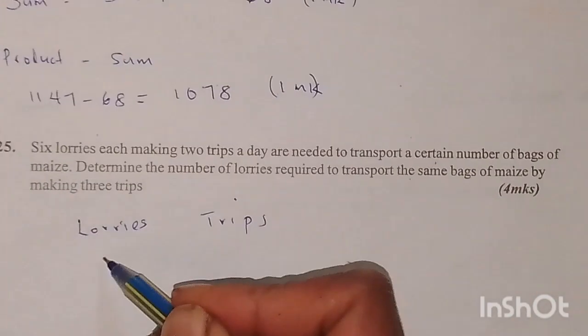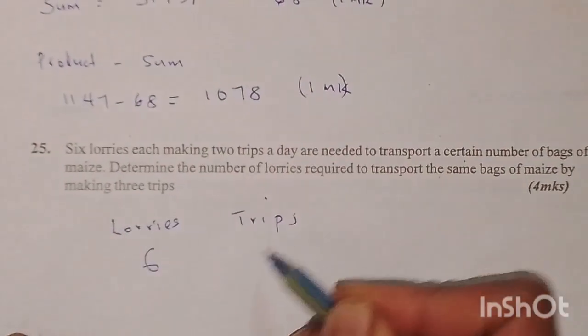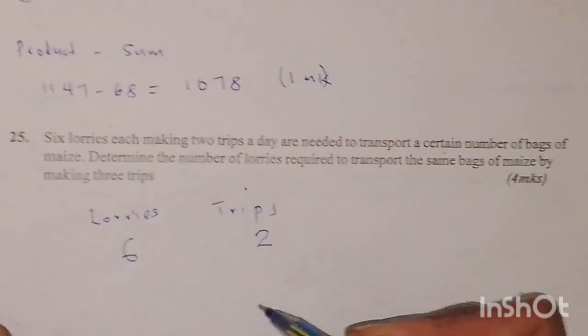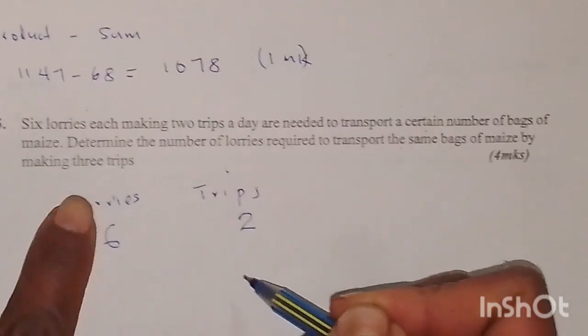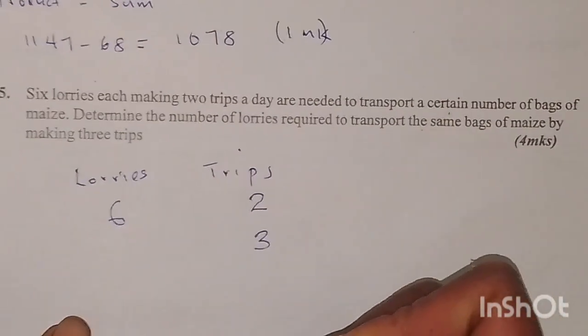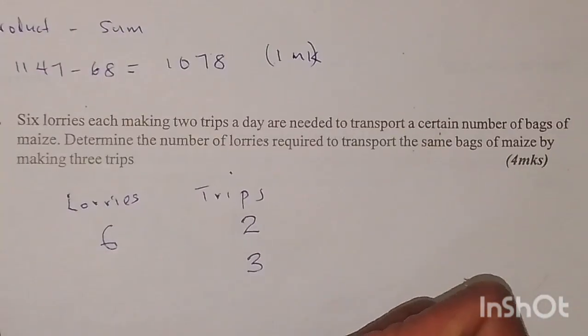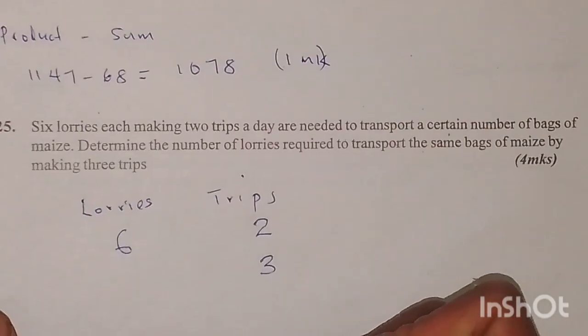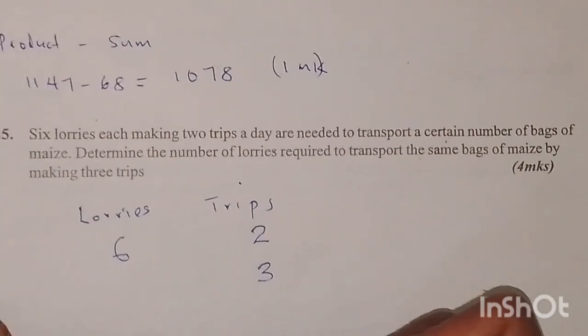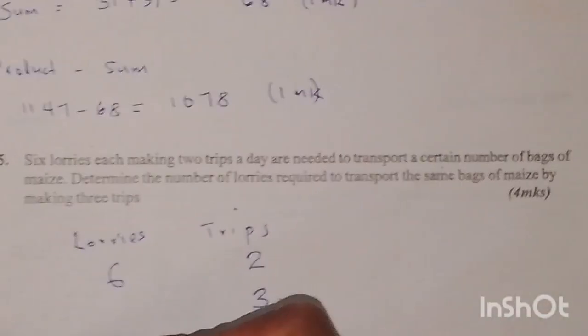The first one is 6 lorries, each making 2 trips. Now, you need the number of lorries that shall make 3 trips. The trips increase by the ratio of 3:2.